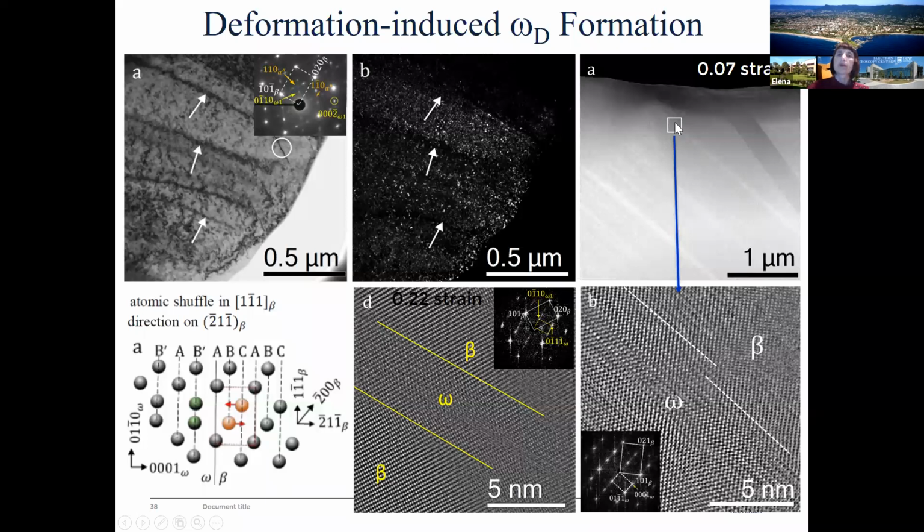while we have only one variant of deformation-induced omega present. And in both cases, the same mechanism of omega formation probably exists, which involves atomic shuffle in the [111] beta direction, from 1 bar 1 to bar 1 bar, and also depends on the transition state.